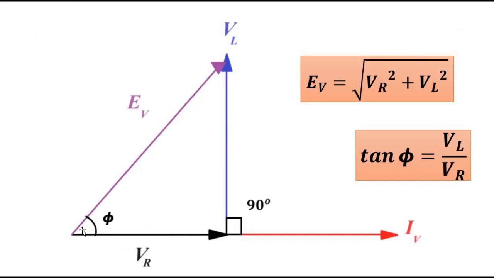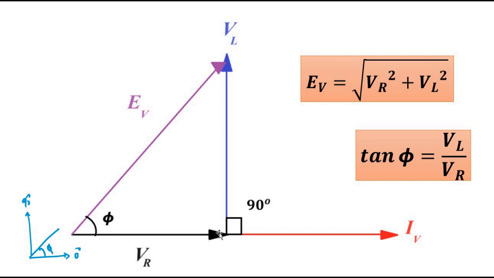So the net EMF, the virtual value of the applied EMF, is the resultant of the voltage drop across the resistor, which is in phase with the current, and the voltage drop across the inductor, which is leading the current by 90 degree. So we get a net phase difference of phi, which is somewhere in between 0 degree and 90 degree.